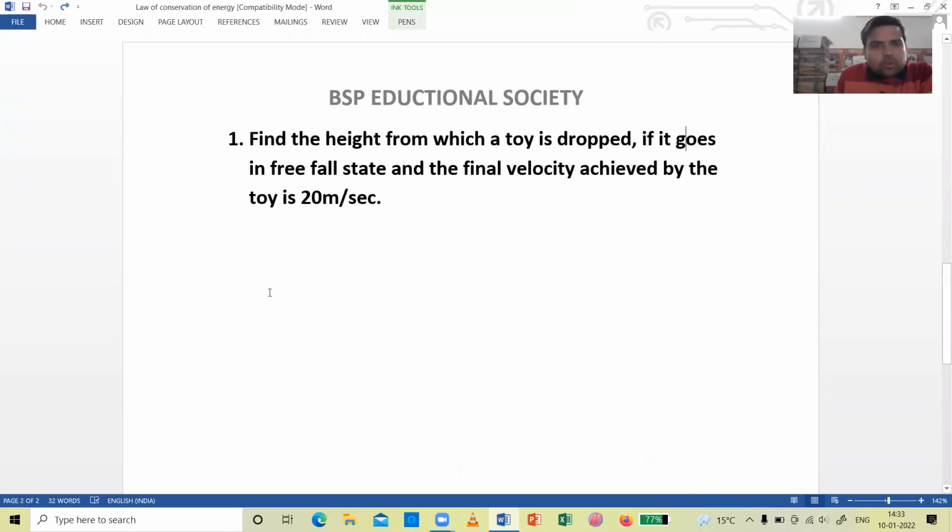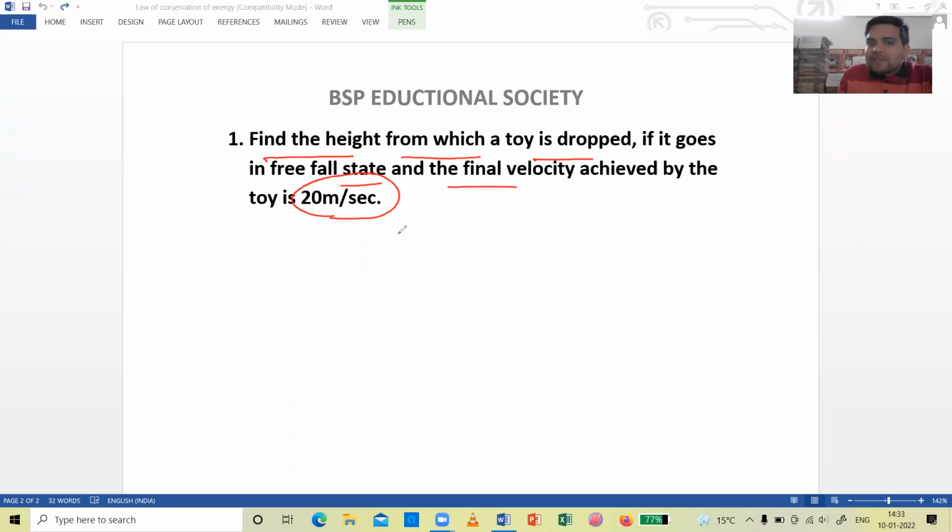Let me give you a hint for this question. You will have to use this same concept of the law of conservation of energy. In this question, we have to find the height from which a toy is dropped in free fall, if the final velocity achieved by the toy is 20 meters per second.